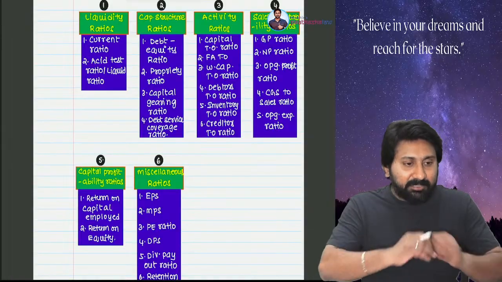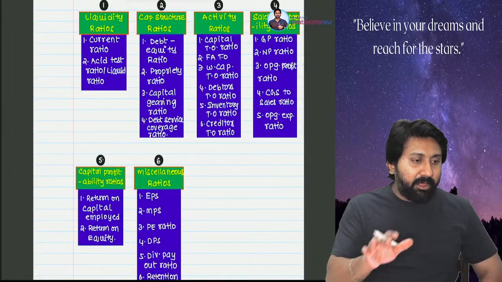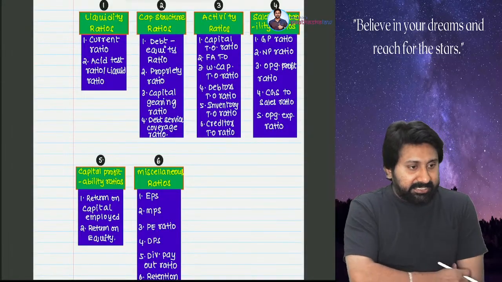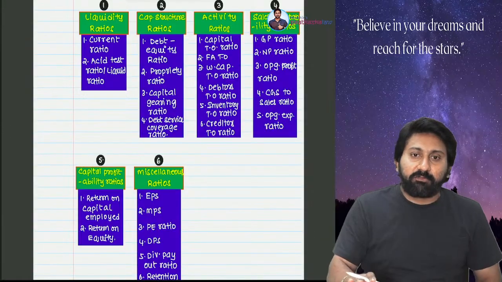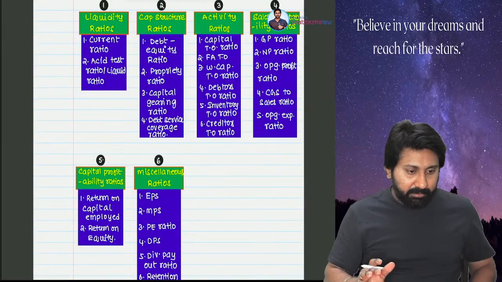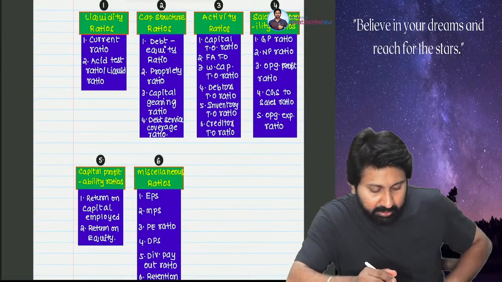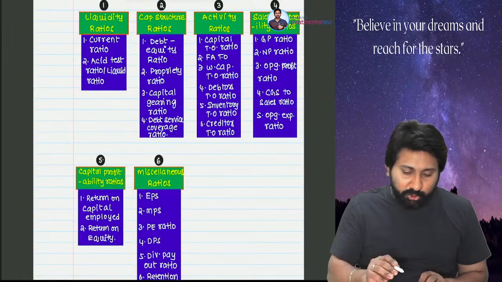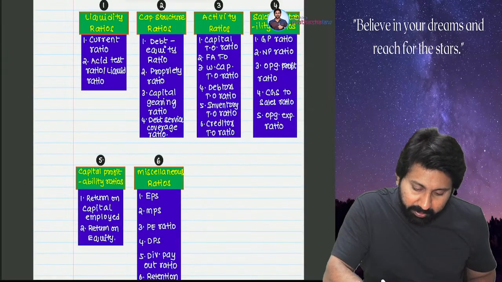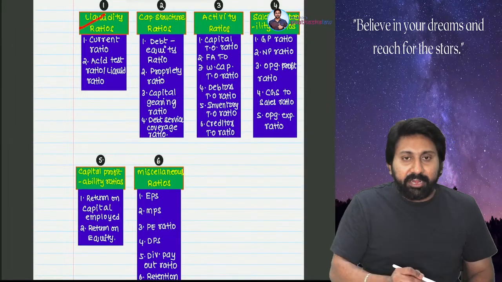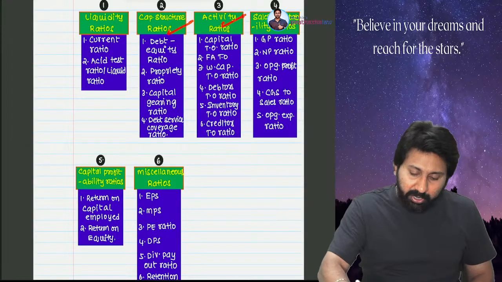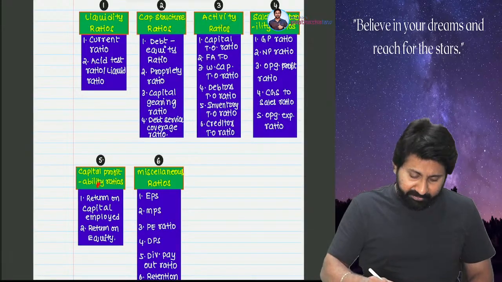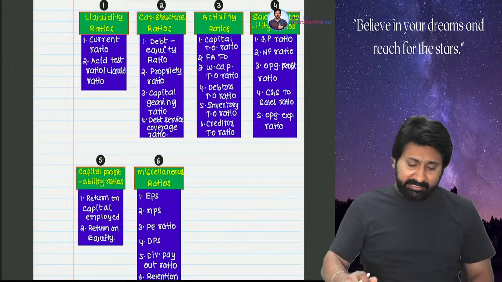This is the ultra speed super fast revision of all the concepts. I'm just going through the concepts such that you will build a confidence in preparation. There are 6 kinds of ratios totally: liquidity ratios, capital structure ratio, activity ratio, sales profitability, capital profitability, miscellaneous.